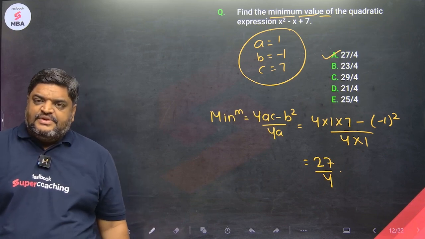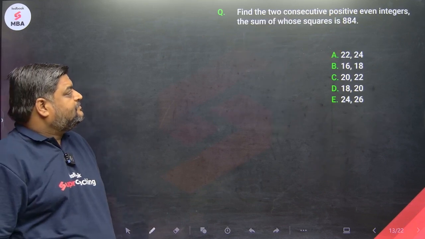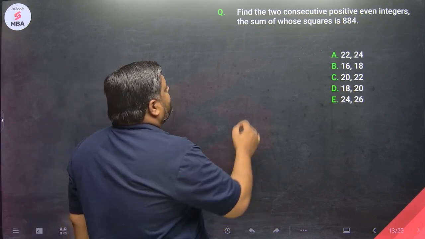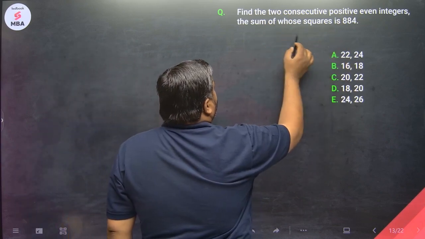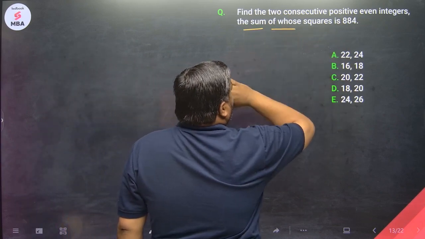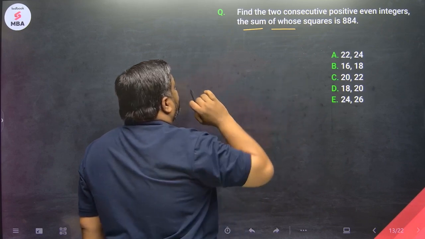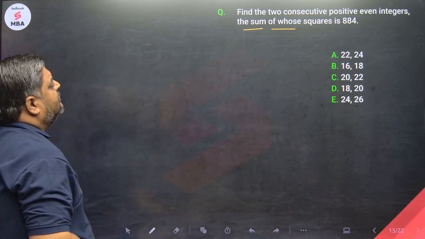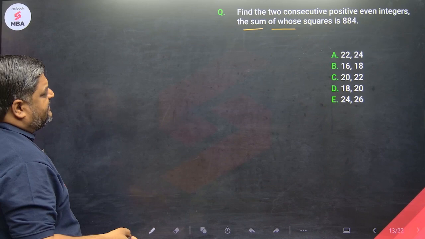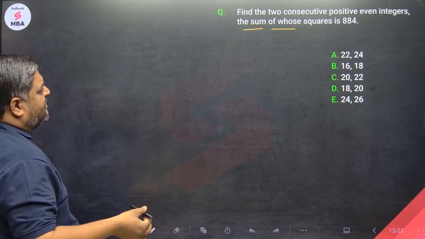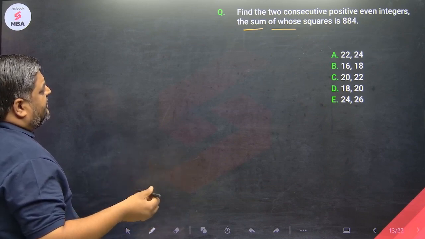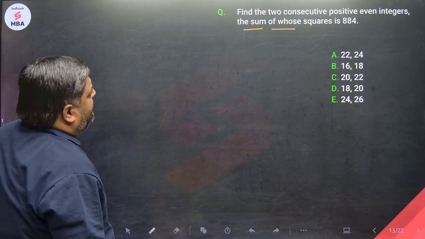Now let's jump to the next question. Find the two consecutive positive integers, the sum of squares of whose is 884. Two consecutive positive integers जिनका sum जो है वो 884 है.